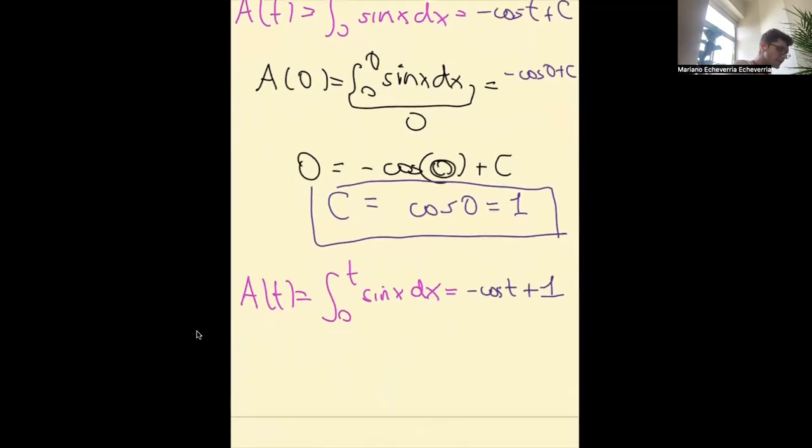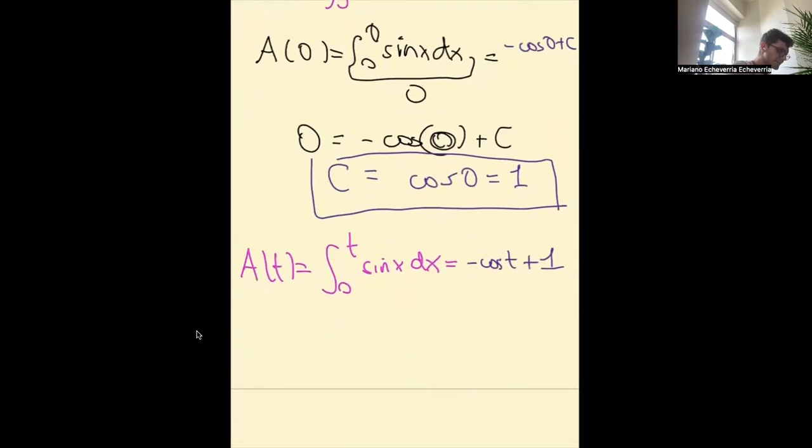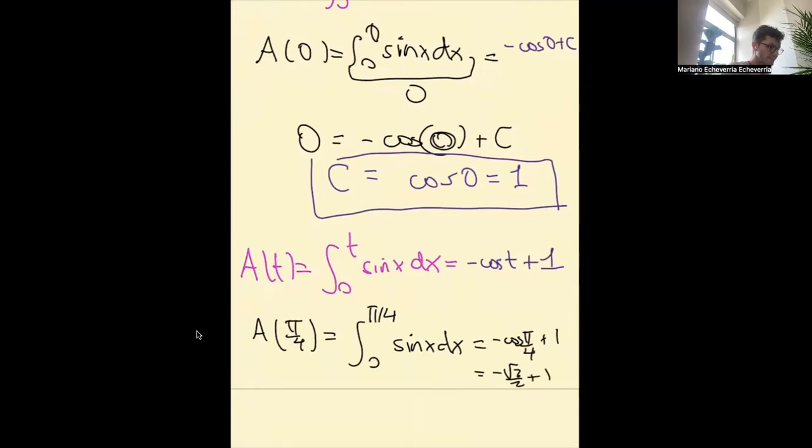So if you wanted the integral from 0 to pi over 4, you evaluate this at pi over 4. It gives you the integral from 0 to pi over 4 of sine of x dx, and that's minus cosine of pi over 4 plus 1, which is minus root 2 over 2 plus 1, whatever that is. Is that making sense?